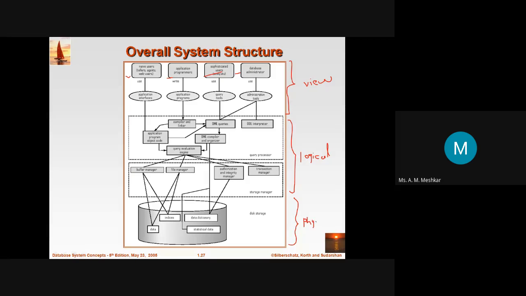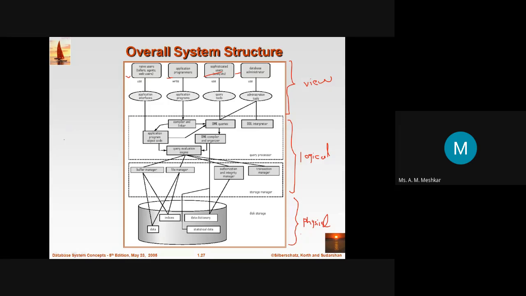What structure we have already learned is explained in more detail here and shown diagrammatically. So this is the basic. If I want to partition it, it is like this. Now let's go into the details.